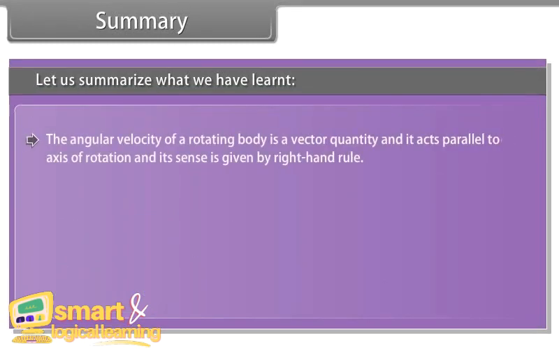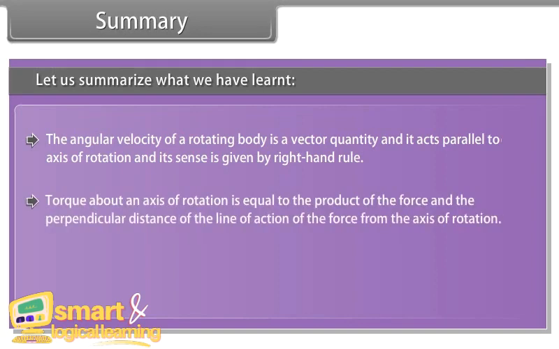The angular velocity of a rotating body is a vector quantity and it acts parallel to the axis of rotation, and its sense is given by the right-hand rule. Torque about an axis of rotation is equal to the product of the force and the perpendicular distance of the line of action of the force from the axis of rotation.